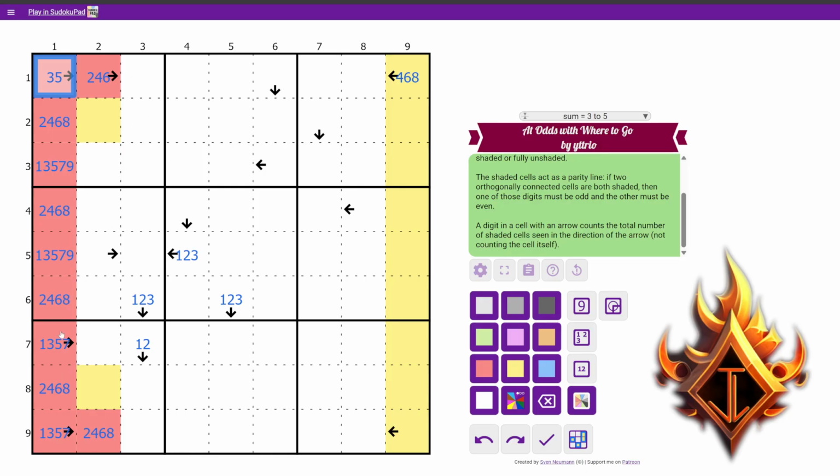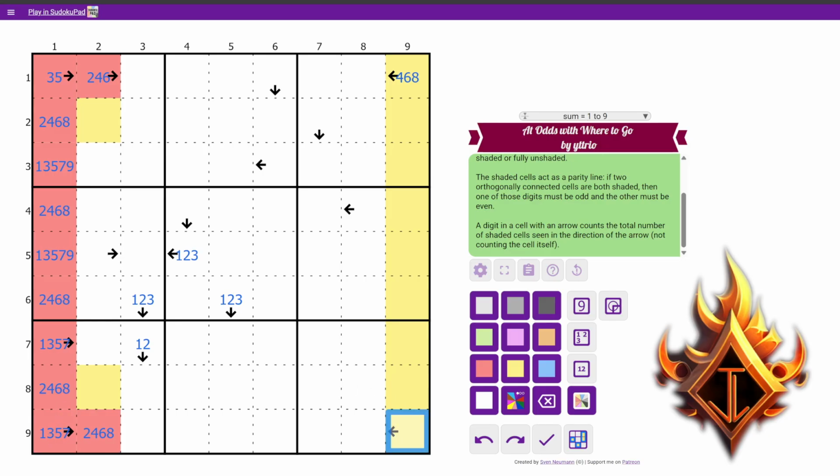Now I want to think about this. Can that one be 7? And before, I thought the answer was no. Well, it is true that this is going to be 1 higher than that, because this one is not counting itself, and this one is counting everything, the same things that this one sees plus it.